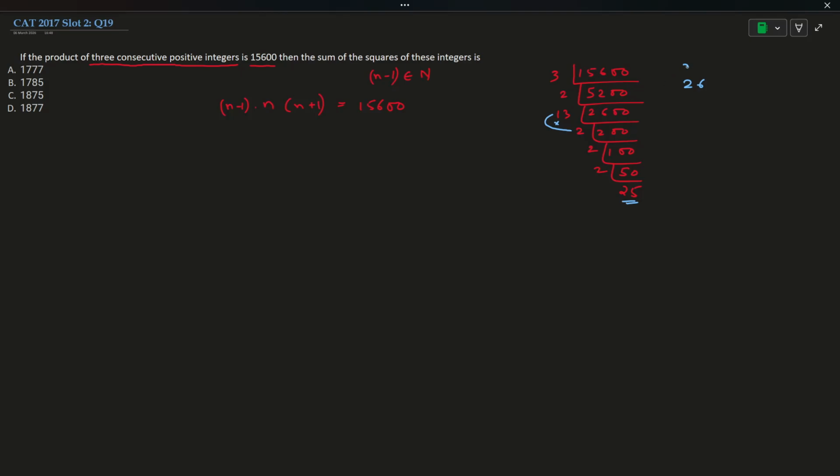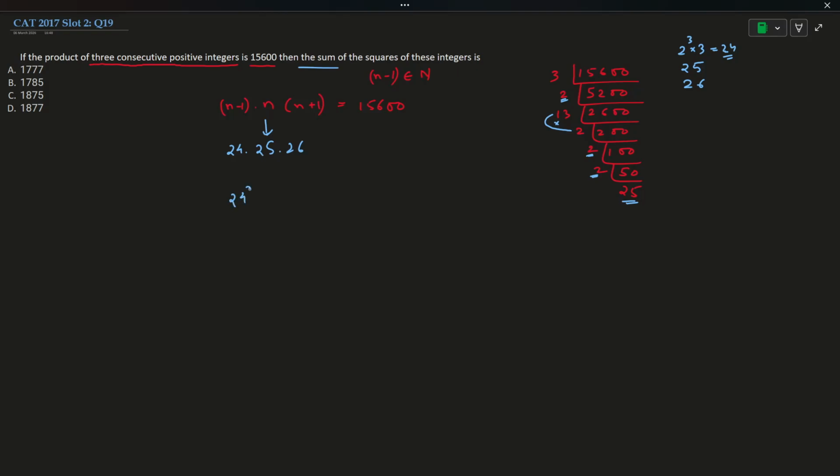So what is left? 2 is left, 2, 2, 3. So 2 cube into 3, and 2 cube into 3 is 8 into 3, which is 24. See, these are the consecutive positive integers. So I can write 24 into 25 into 26. So n is 25. I need to find the sum of the squares of these integers.